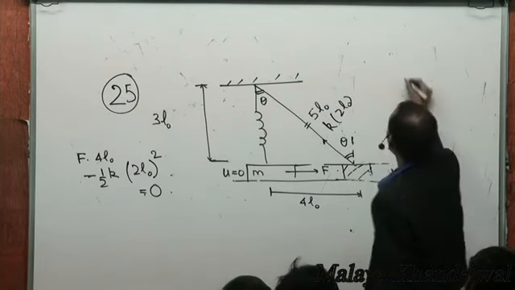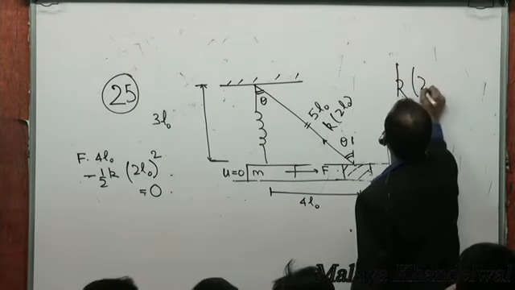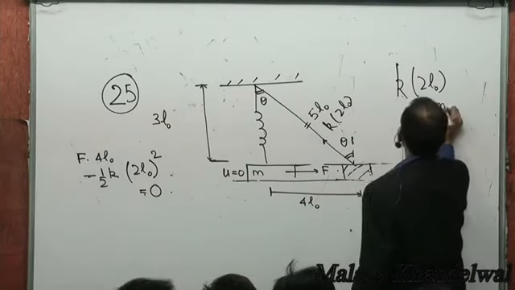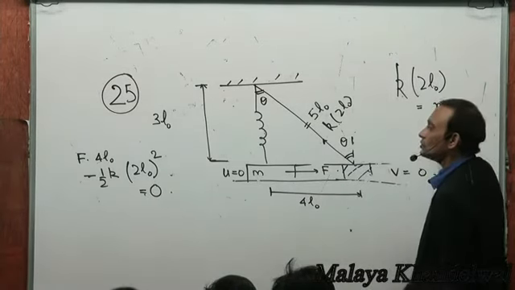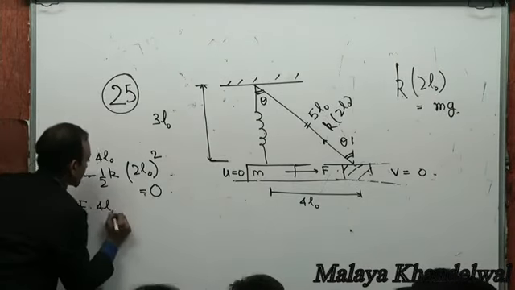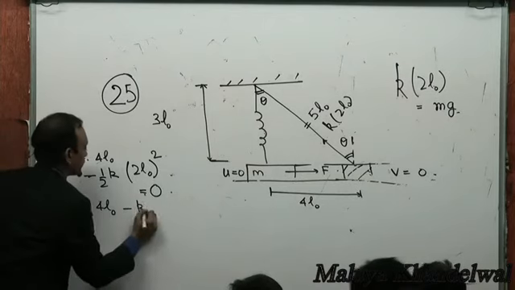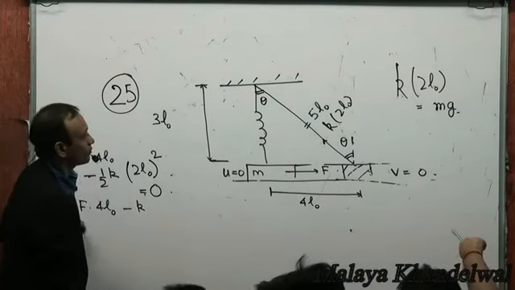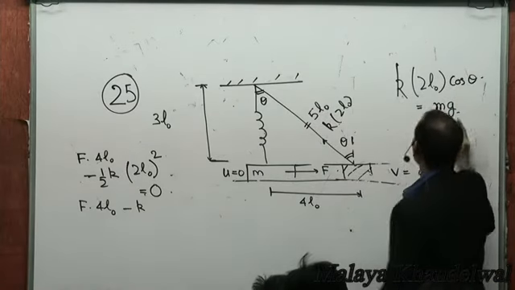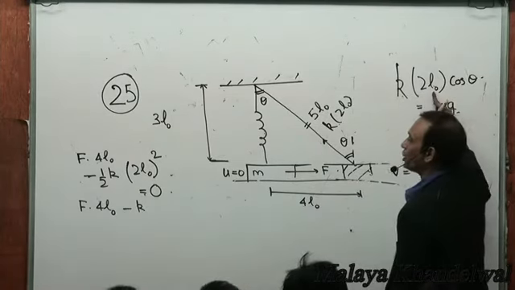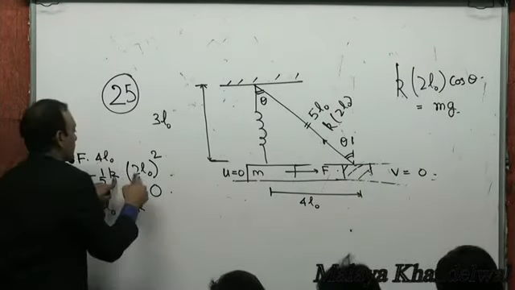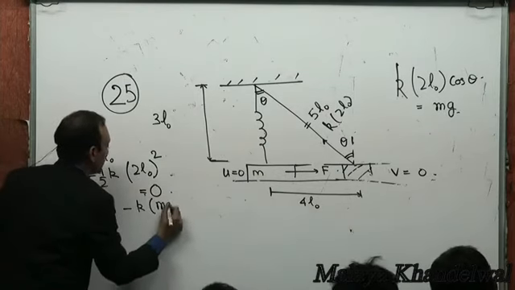And the vertical component of the spring force, K into 2L naught cos theta, must just about take care of the weight, mg. So K into 2L naught is mg by cos theta.